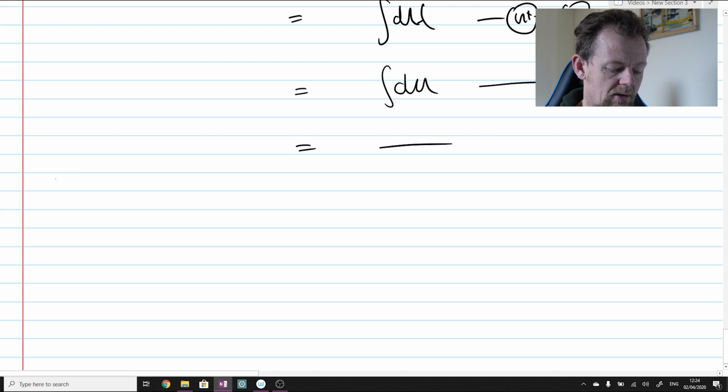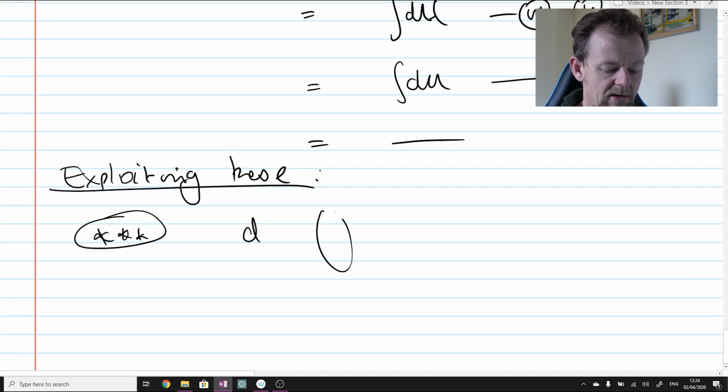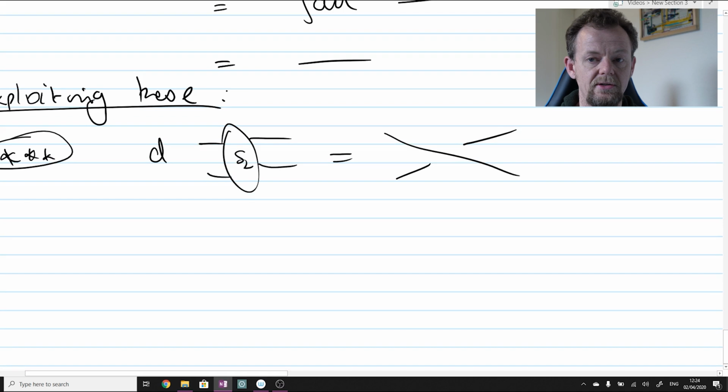And so now, exploiting these identities all together, we can rewrite triple star as follows. Triple star says that D times S2 is equal to nothing other than the swap operation.